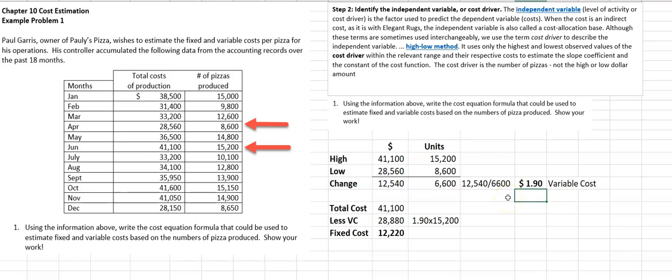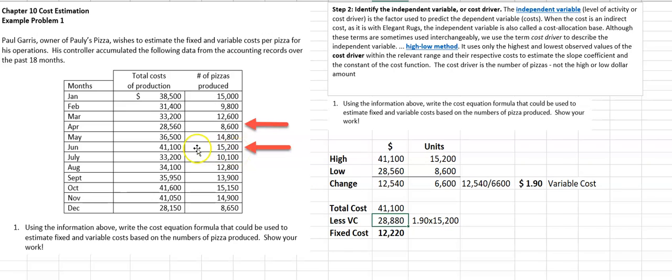Once I've got my variable cost, I can take either one of these, the high or the low. I usually take the one with the most zeros, the easiest to subtract. So I took 41.1 minus $1.90 times 15,200 units.